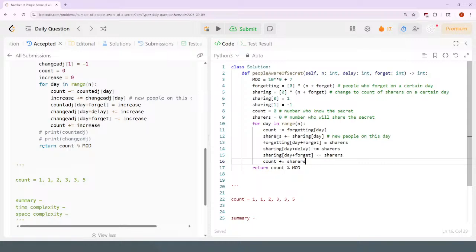Get 1 share. That share will forget. This works, I think.